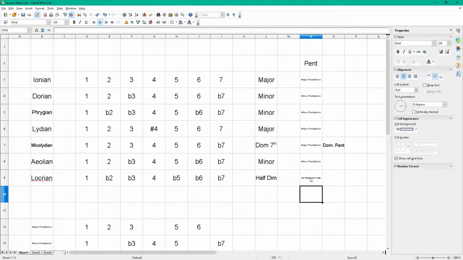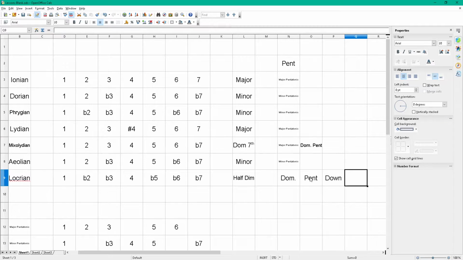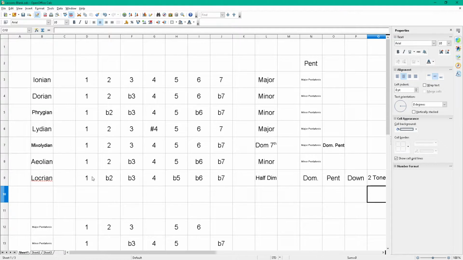It is written very, very small. Let's put it this way. Dominant. Down 2 tones. And that will cover Locrian, okay?